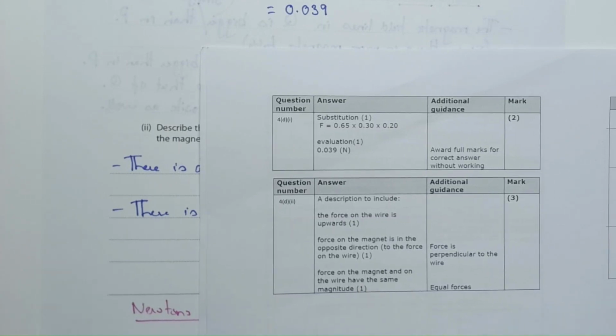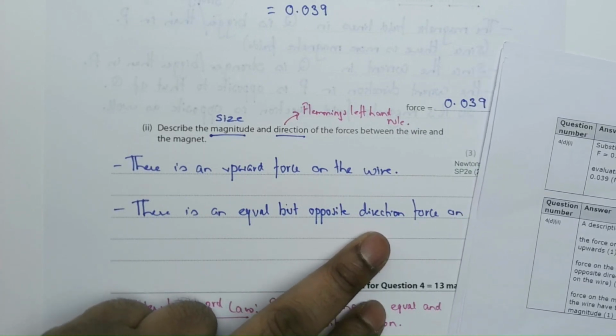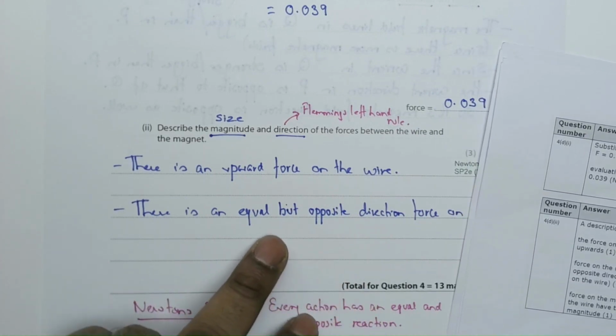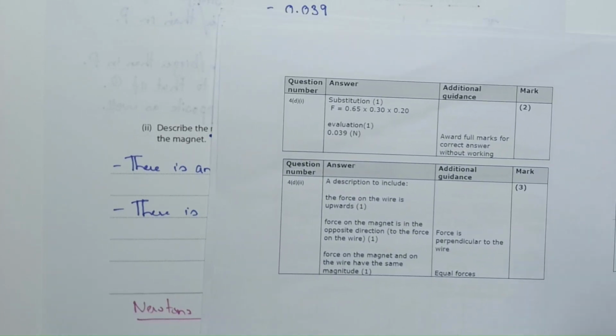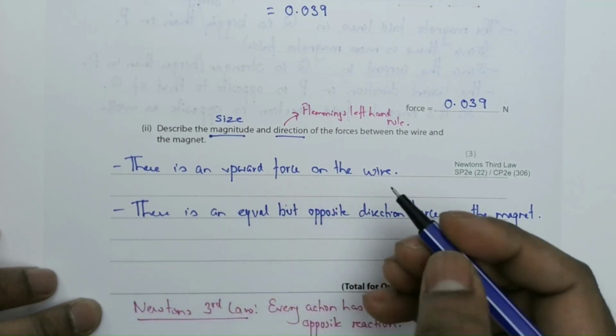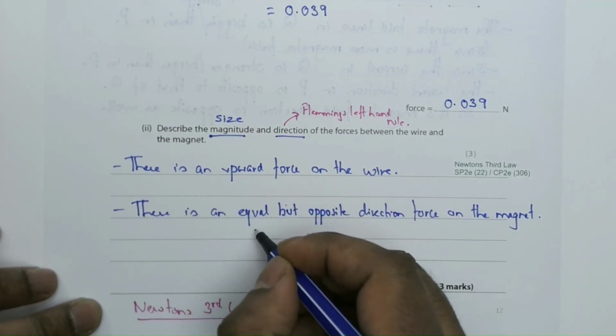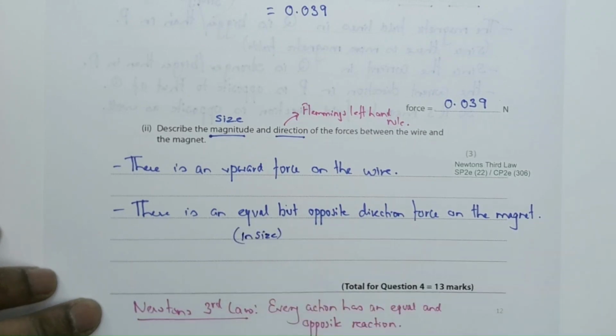Which we have done in our answer. They are equal but opposite direction. So the size of the force is equal, right, but opposite in direction, and forces perpendicular to the wire are equal forces. So you could label them as equal forces. In fact, I would go back and say, right, they are equal in size. We are talking about the force over here.